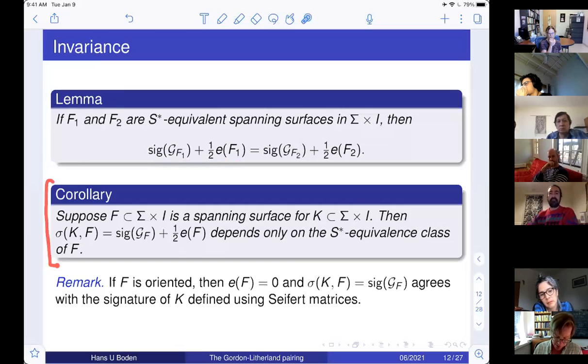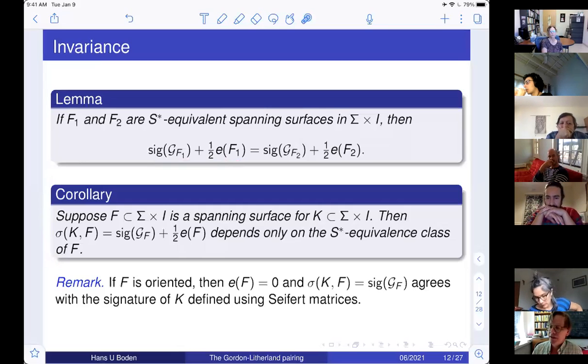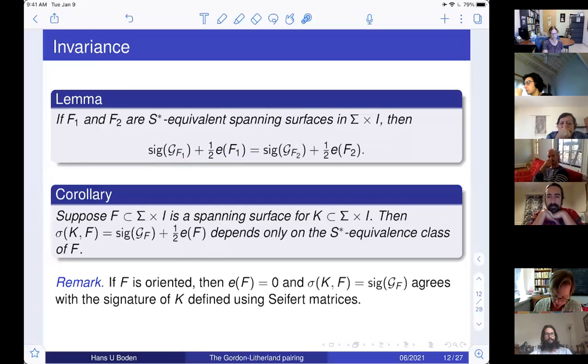And it says that these signature invariants depend only mildly on the spanning surface. And again, a simple remark, just to reassure people who prefer working with checkered surfaces: if you had used a checkered surface, then this term vanishes, and the signature of the Gordon-Litherland pairing agrees with the signature as is traditionally defined.